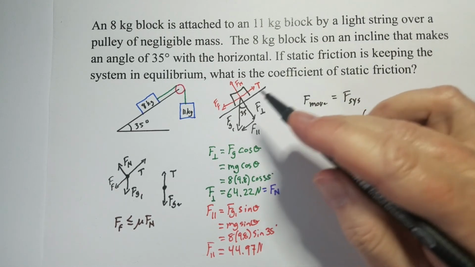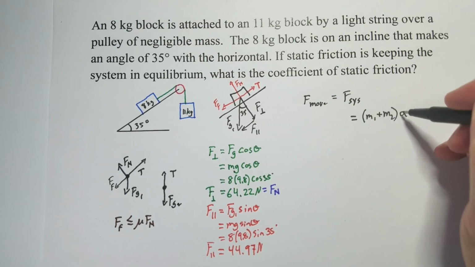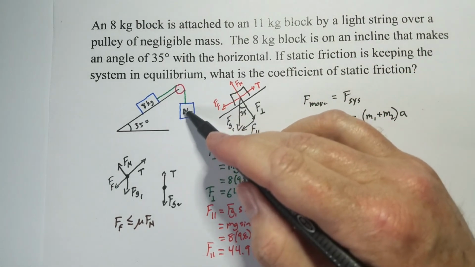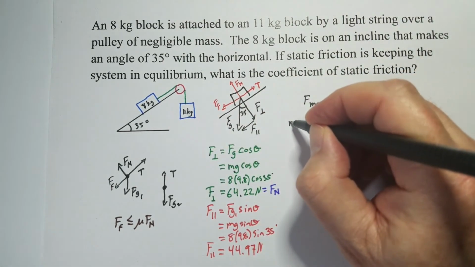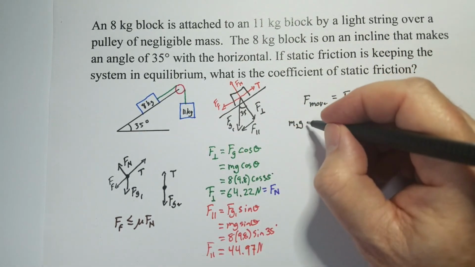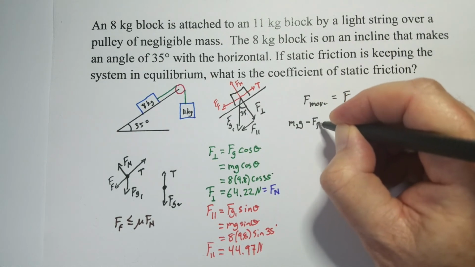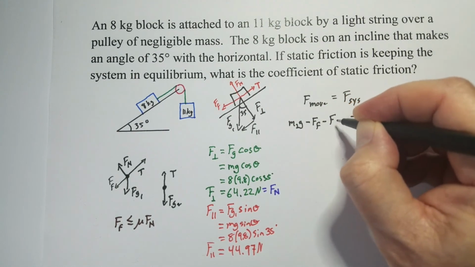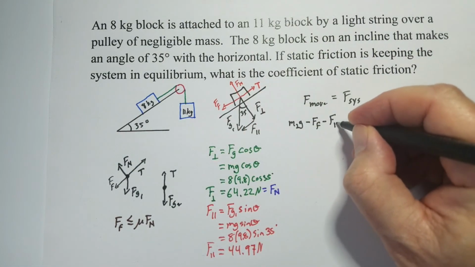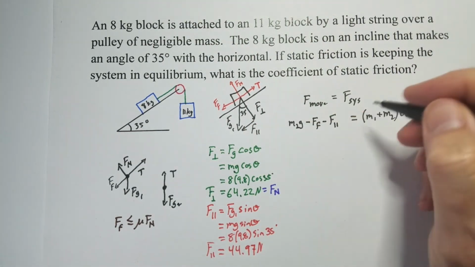Well, in this case, the system's static, so that acceleration is 0. On the other side, what's causing it to move is the weight of M2, and then what's holding it back is the force of friction, as well as the force of this one's weight parallel to the surface. Those are all kind of taken away from the system.